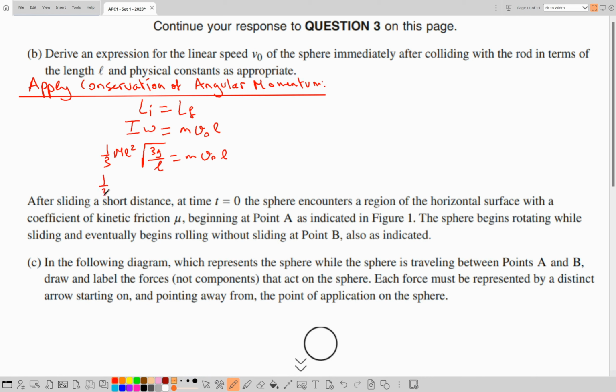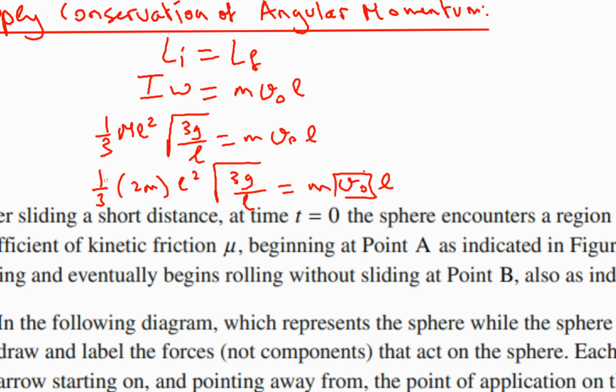Then that would be 1/3 multiplied by 2m L squared, times the square root of 3g divided by L, equals m v0 multiplied by L. Now remember that our answer should be, because we're interested in determining v, and as it seems it should be expressed as a radical, a factor multiplied by gL, because this is the only unique combination in such cases that gives us the speed. So we should work on that.